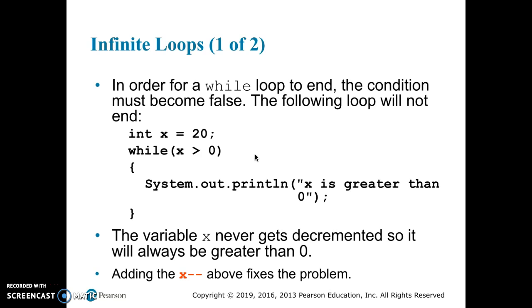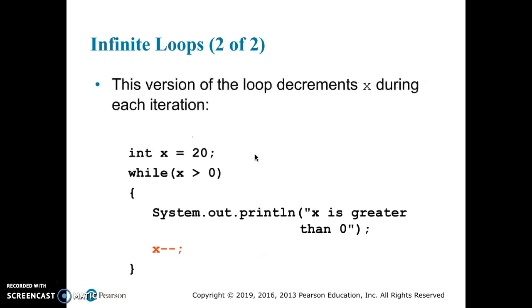Okay, so if we were to add x--, which if we remember from a previous slide is the decrement, that will fix the problem because it will actually change the value of x such that it will go down. Now if we would have said x++, that's going to be a problem because x will always be greater than 0. So we're going to take that loop and add our decrement, x--.